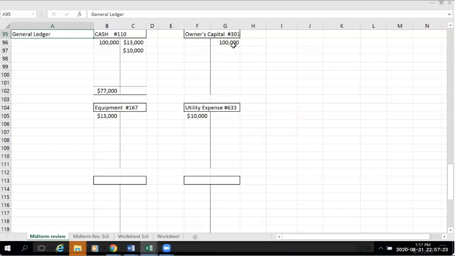If I tell you to draw a T account, write owner's capital, $100,000, and you put this 100,000 on the debit side, shame on you. So owner's capital has a normal balance of credit. Are we good? Yeah.